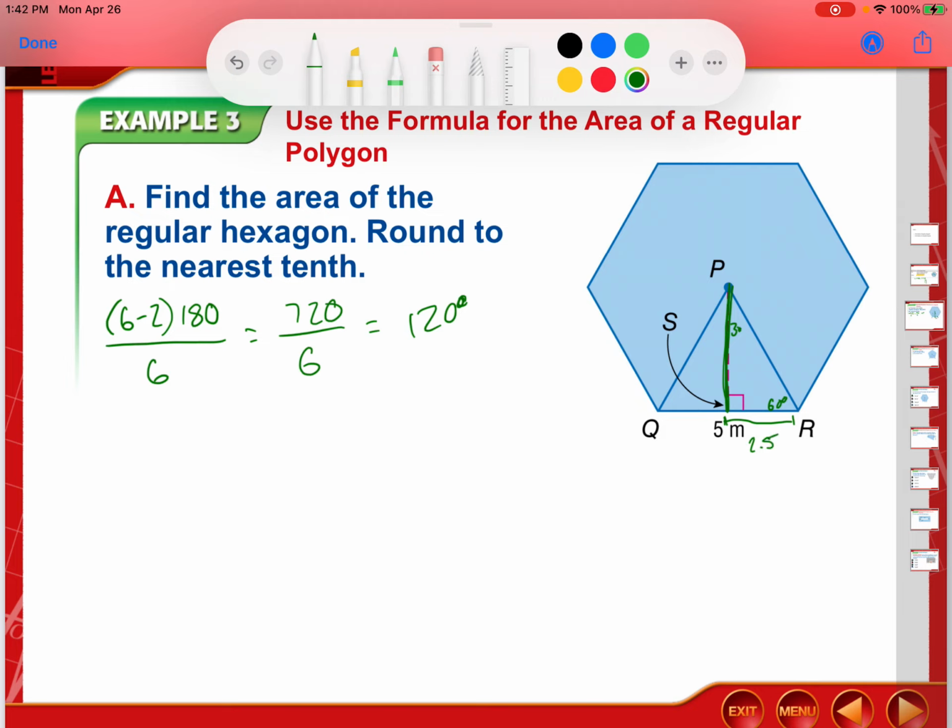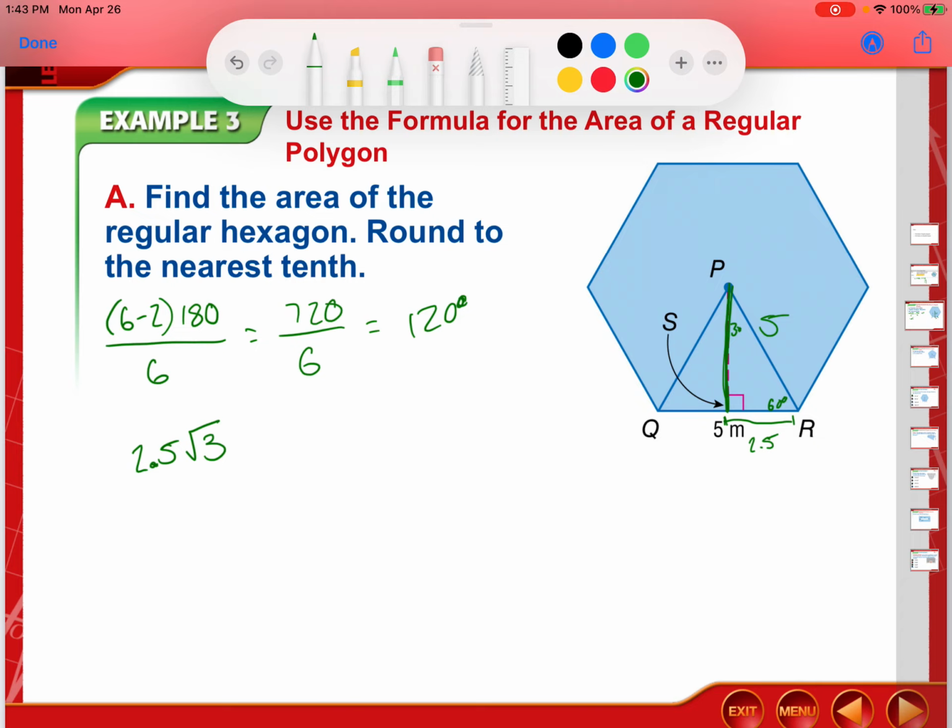This up here is going to be 5. And then that means my apothem is going to be 2.5 root 3, based on those special right triangles that we've been dealing with for a while now.